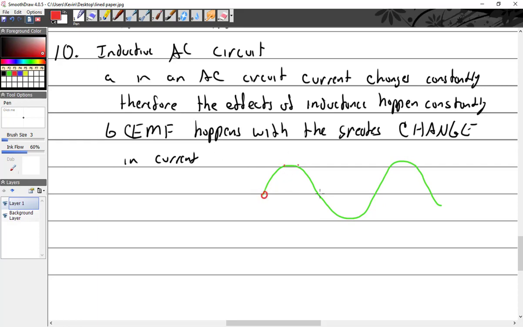So if this is 0, what is this? 90. Oh, no. 180. 360. So the greatest change is going to happen here. From here to here is a huge change. Greatest change is at 0, 180, 360, repeating.